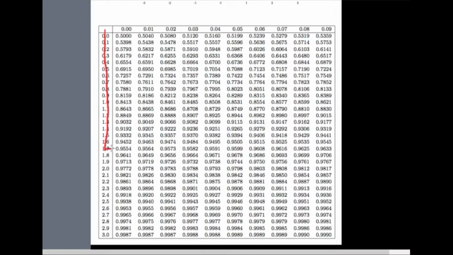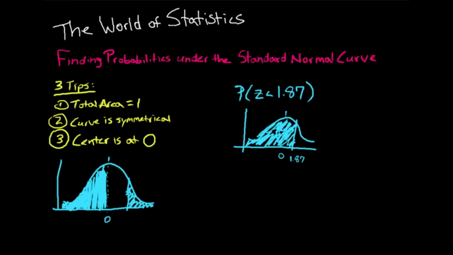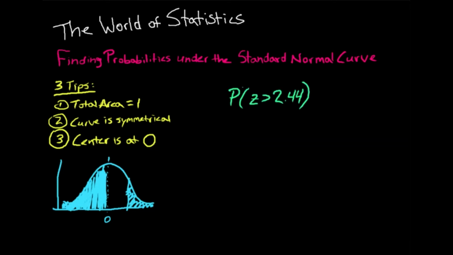We go down to 1.8, and over to 0.07. Then we go down, and we see that we get 0.9693. So the probability that z is less than 1.87 is equal to 0.9693.